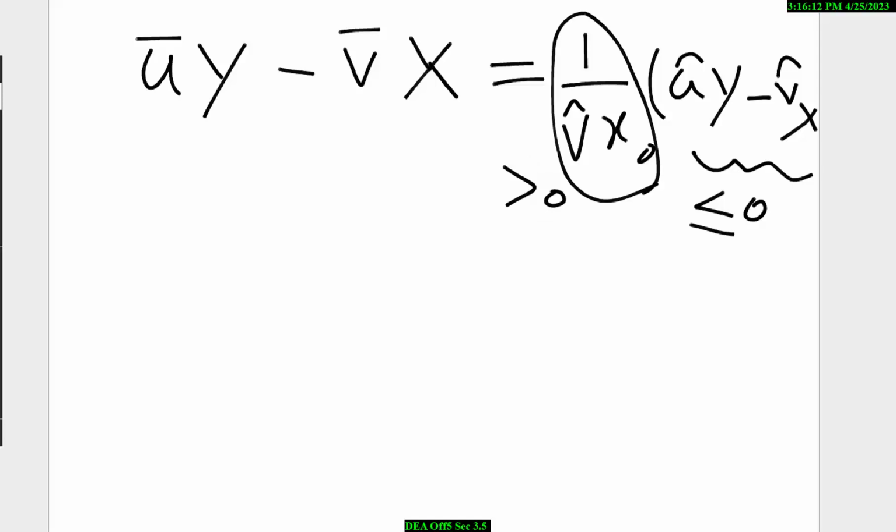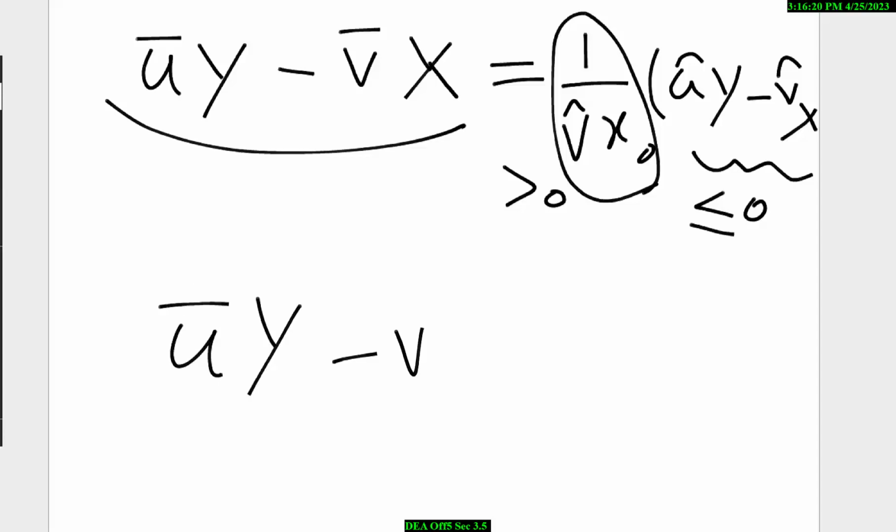So we have this less than or equal to 0.